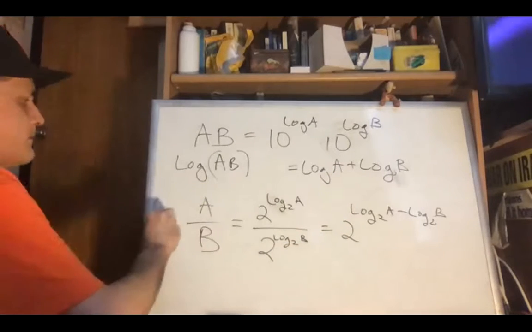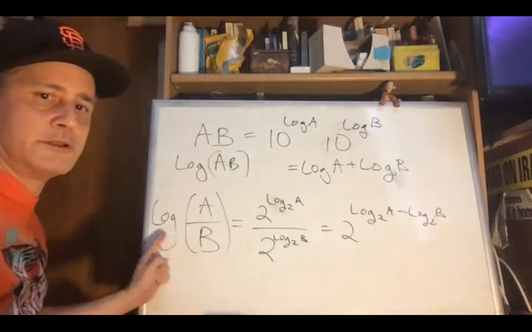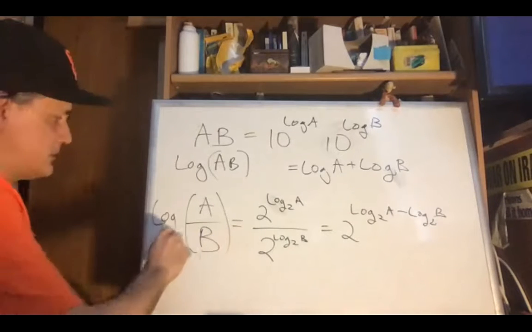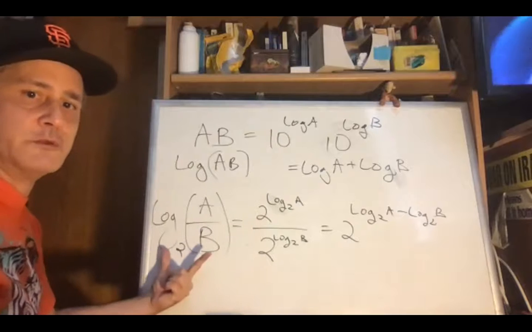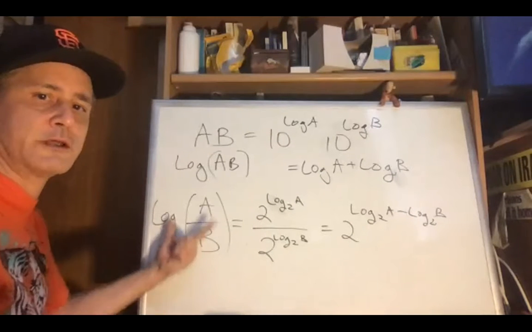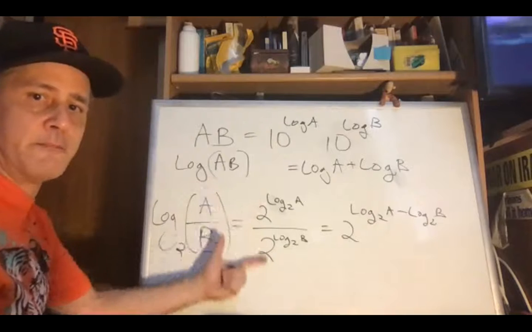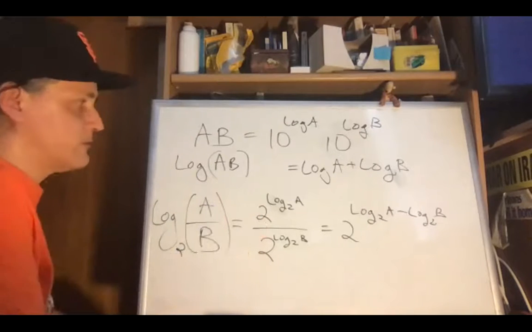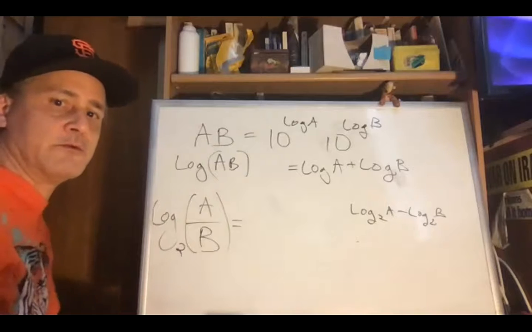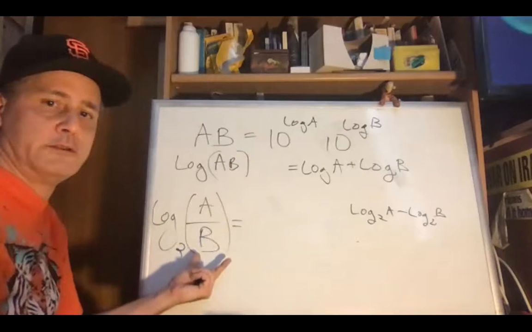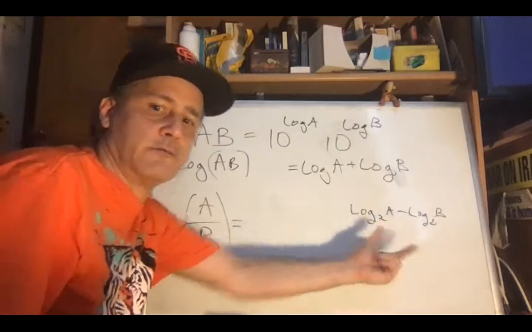If you were logging that, this is just going to skip this step. Well, actually, log base 2. This is really what you're doing. If we want to change this to base 2, what exponents would we use? So we tend to skip this step. All right. So then that means we would subtract the exponents. So if you log a quotient, it's the log of the numerator minus the log of the denominator.